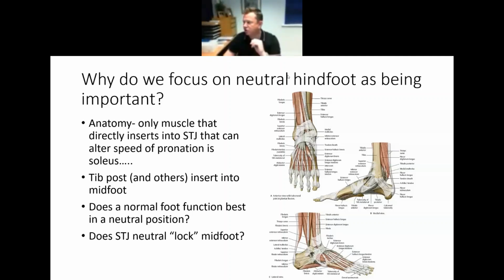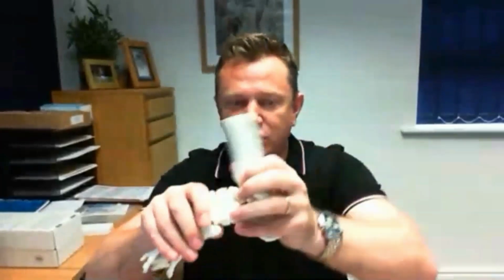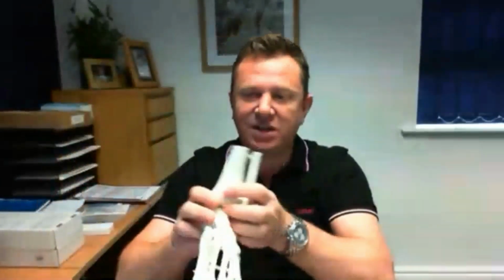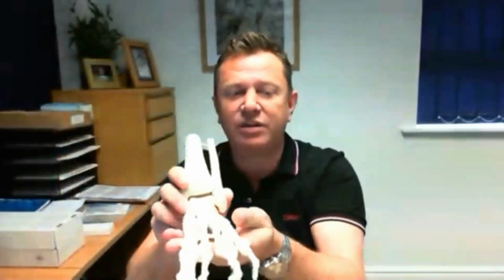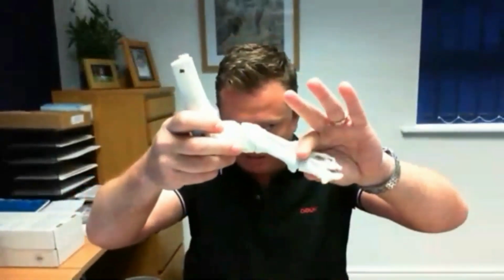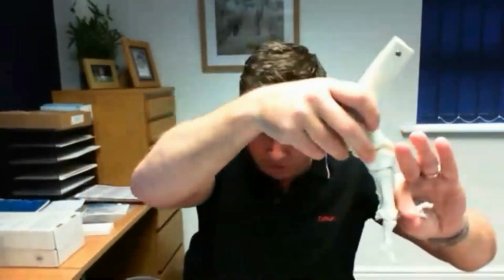Just to quickly demonstrate that, the original concept was that if you took a foot and put it into your subtalar neutral position, that would somehow make the midfoot lock so that the foot was a rigid lever for propulsion. The idea being you hit the ground, the foot pronates, the foot then resupinates, the midfoot locks, the windlass mechanism kicks in, the first ray plantar flexes, and you have a rigid effective lever for propulsion.